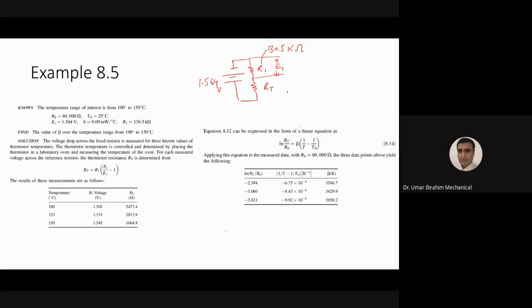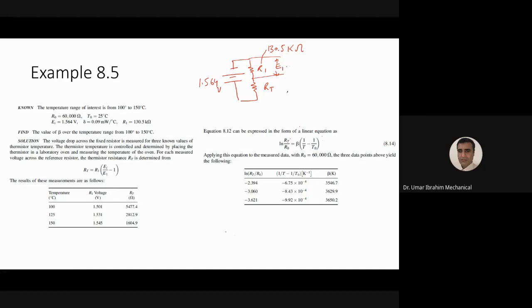And we are given the voltage drop. So these are the voltage values.